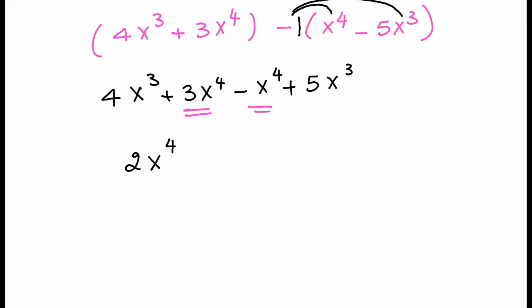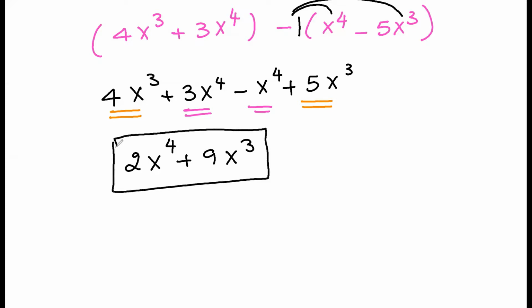Then I have the x cubed terms. So I'm going to add 4x cubed plus 5x cubed, which is going to give me 9x cubed. So the difference between these two given polynomials is 2x to the 4th power plus 9x cubed.